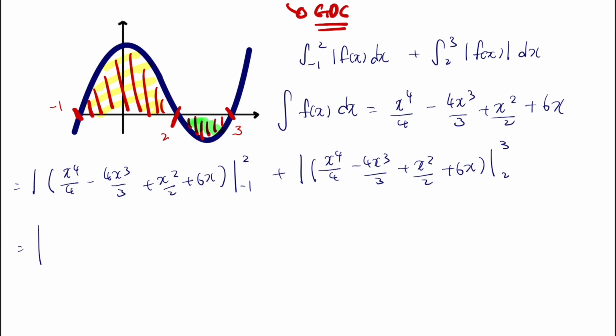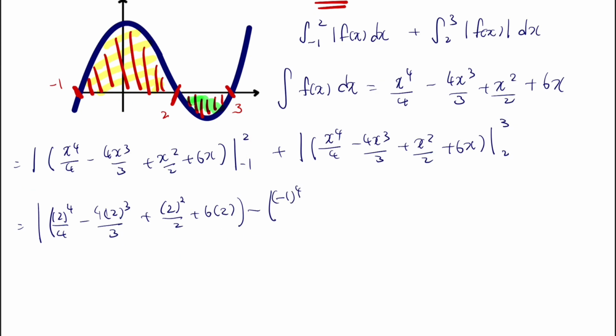So for the first part, it becomes 2 to the power 4 over 4 minus 4 times 2 to the power 3 over 3 plus 2 to the power 2 over 2 plus 6 times 2, minus the same expression with -1 substituted: -1 to the power 4 over 4 minus 4 times -1 cubed over 3 plus -1 to the power 2 over 2 plus 6 times -1.